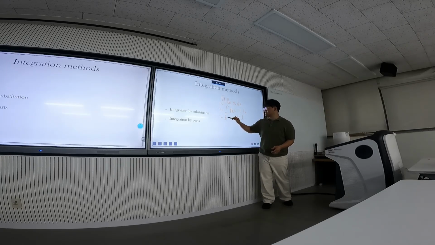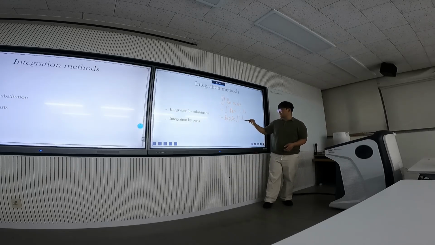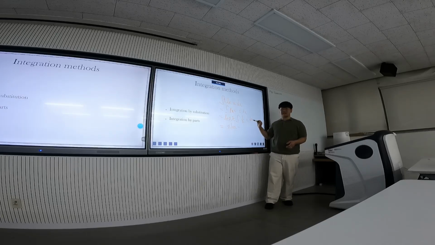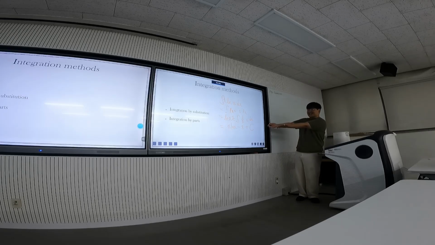Sorry about that. We need to integrate this one and differentiate this one and integrate this one. Minus 1 dx is x. So that is integration by parts.